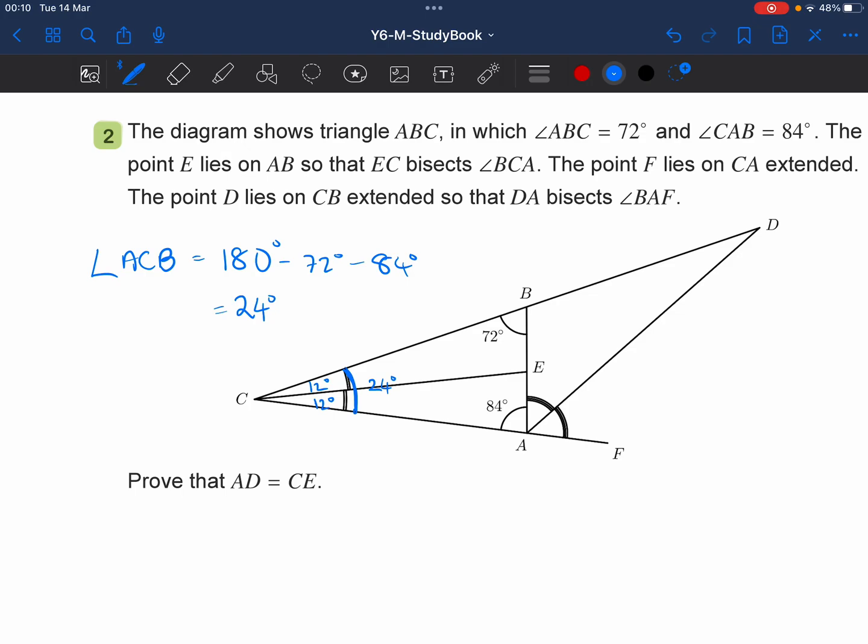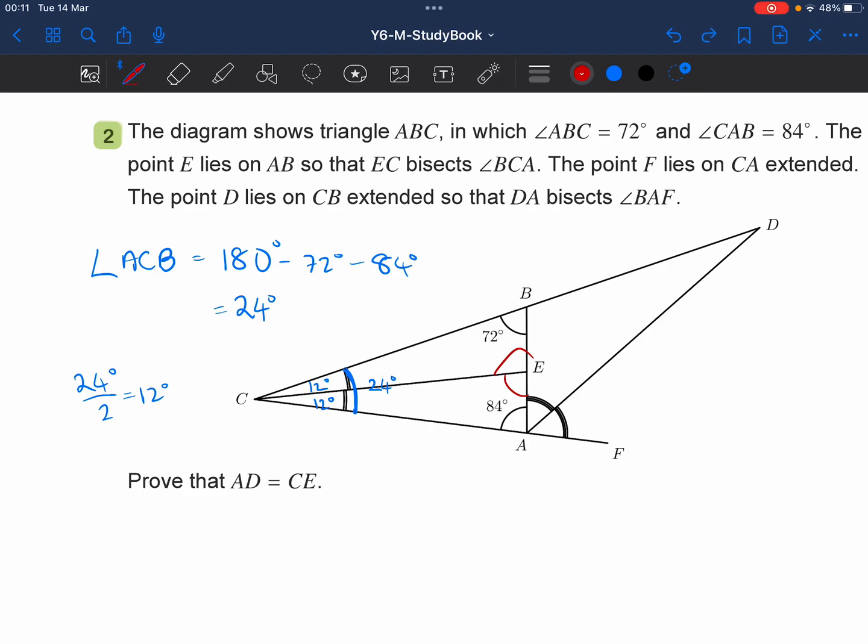So we've divided that in two parts. Now we can start to look at some of the other angles in these triangles.